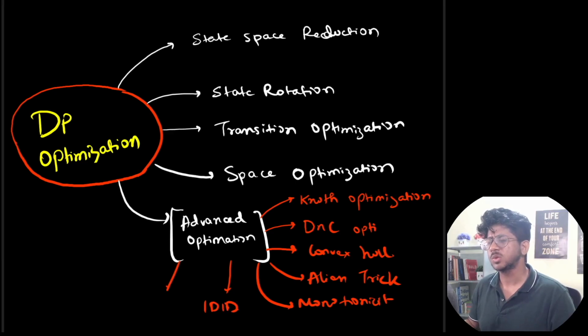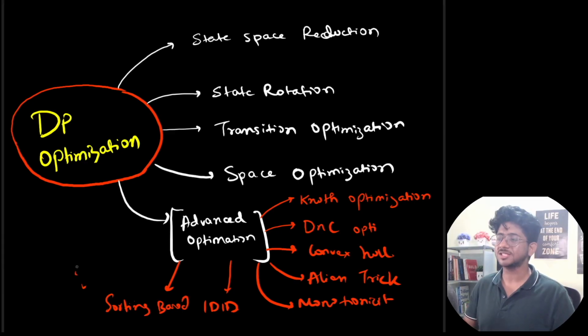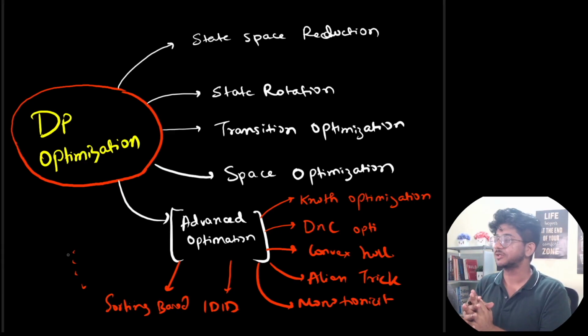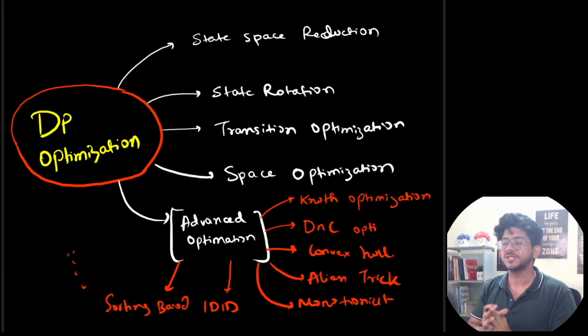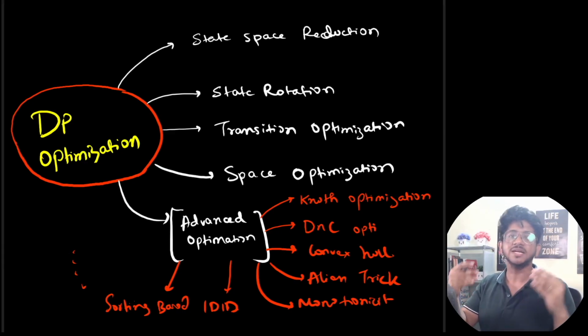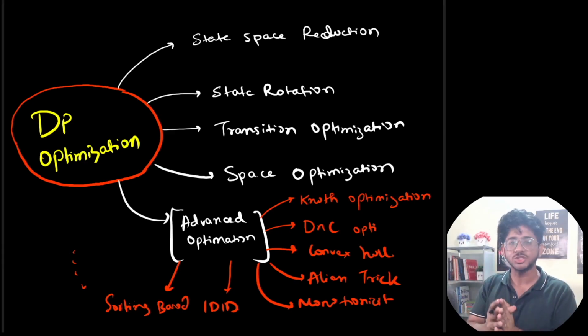You can have things like sorting based DP optimization, and I can go on and list more and more, but for now we're going to stop at this particular place. These are certain advanced optimizations that might be helpful in certain problems, but since we are dealing with the intermediate to medium hard range, we are not going to get into the advanced parts for this particular video.